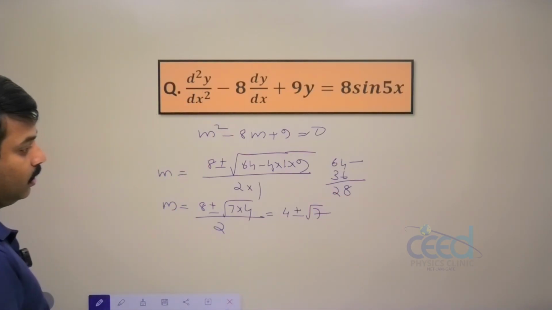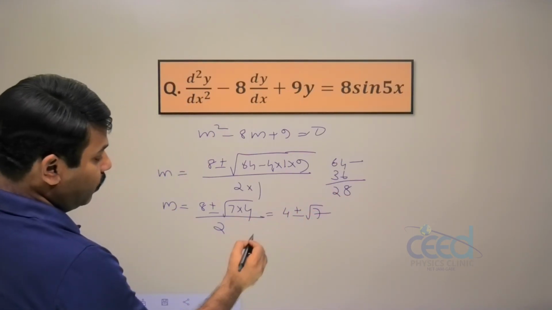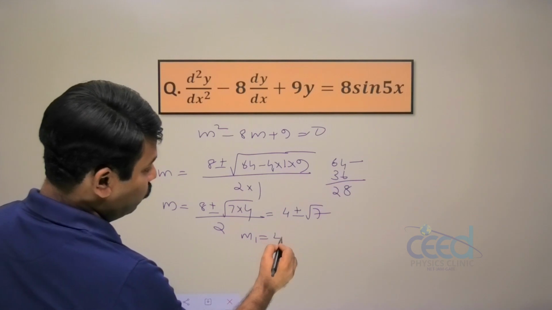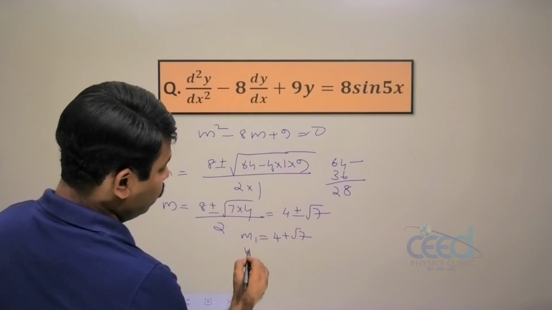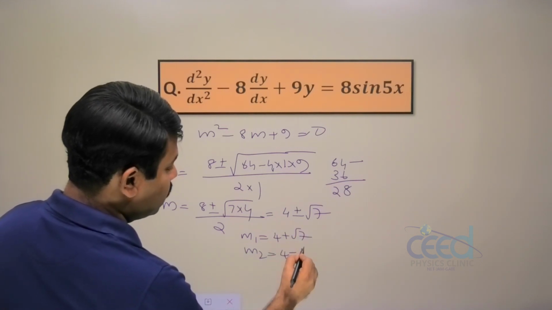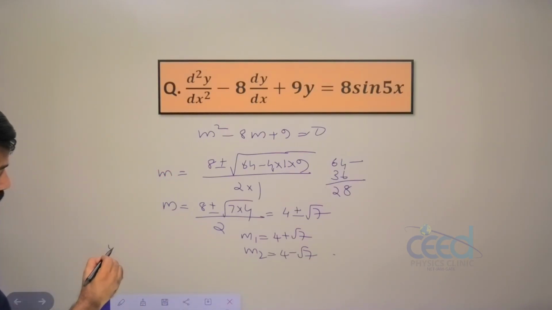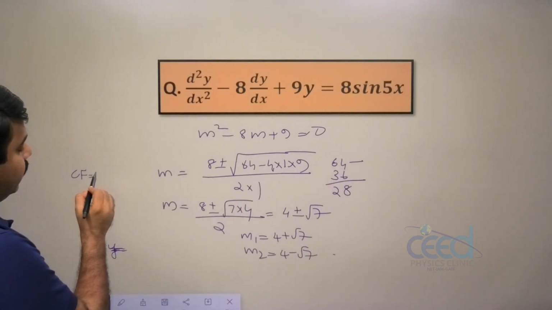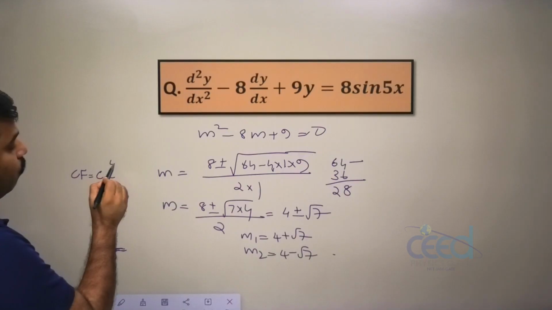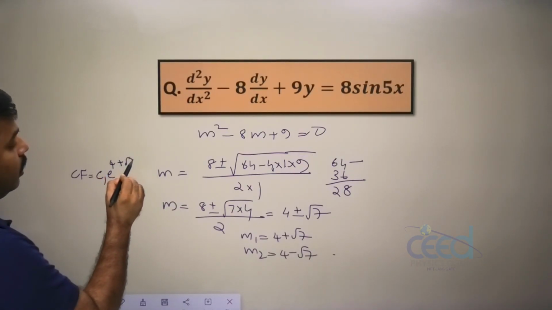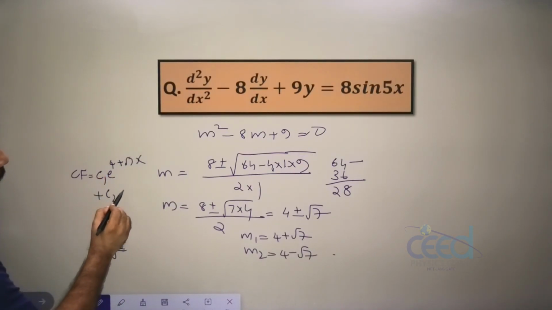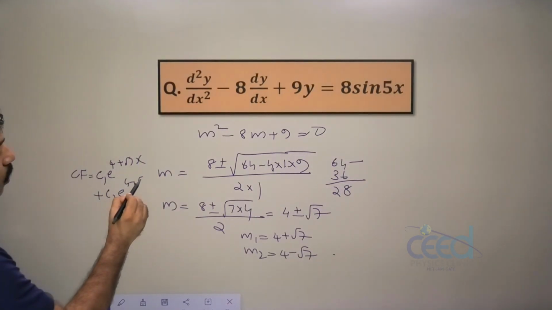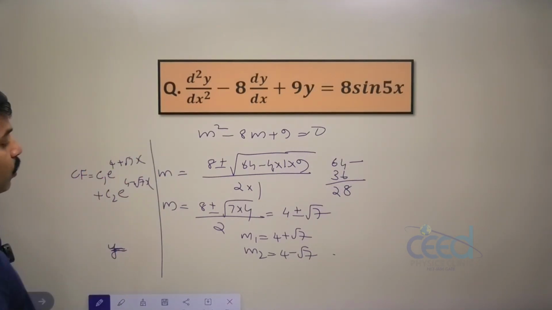This is right. Now m1 is equal to 4 plus root 7 and m2 is equal to 4 minus root 7. Then what is the solution? y is equal to complementary function, c1 e raised to 4 plus root 7 x plus c2 e raised to 4 minus root 7 x, because m1 and m2 are different.